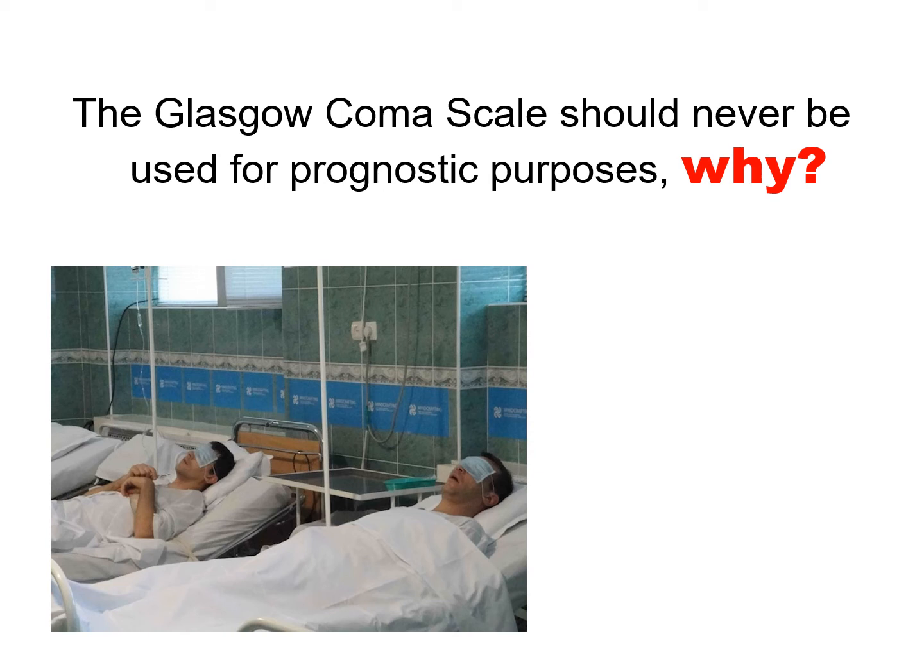So using the Glasgow Coma Scale for prognostic purposes in these cases will not be accurate. Here in acute toxicology, you have no organic lesion, and the development of the case in a positive way may occur rapidly.